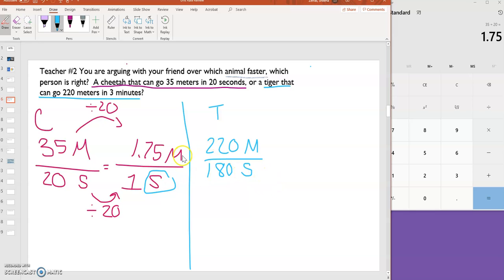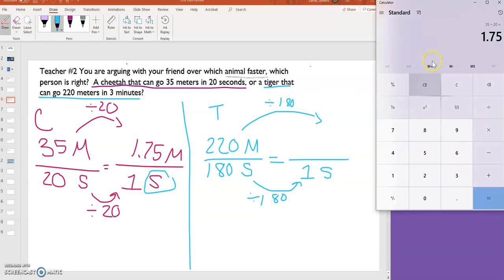And so now I have the same units. Again, let's find how far it can go in 1 second. And we're noticing a lot of unit rates require us to do some division. Repeating that step up here, making sure you can see my work.